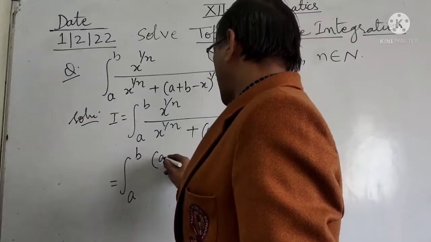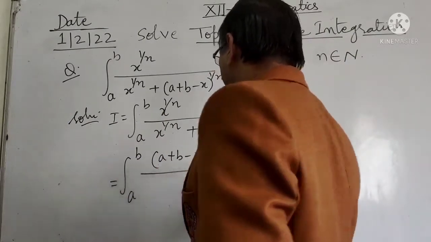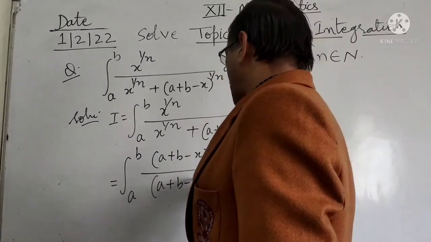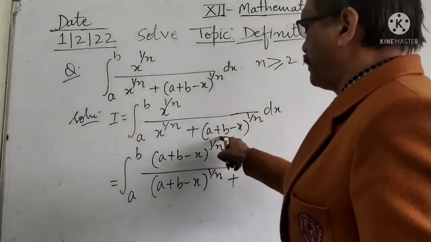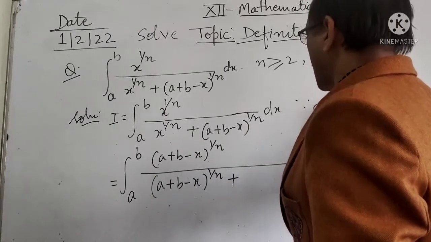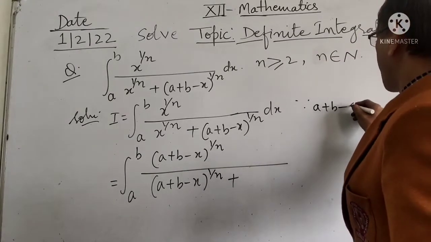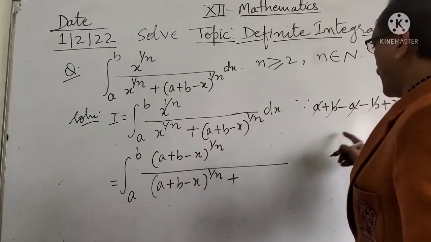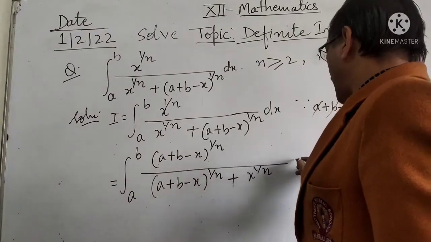So it is (a plus b minus x) whole power 1 upon n divided by (a plus b minus x) whole power 1 upon n plus, and since a plus b minus (a plus b minus x), the a and b cancel out, so it is only x whole power 1 by n dx.